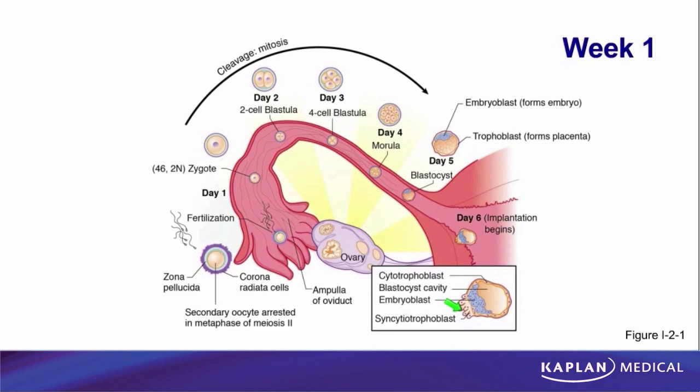When the levels of chorionic gonadotropin get high enough to be detectable, we then get a positive pregnancy test, which, to be very precise, is not really saying that there's an embryo there. To be more precise, it's saying a placenta is starting to develop, because that's what the syncytiotrophoblast is going to become, a placenta. Okay, so that's what happens by the end of the first week.